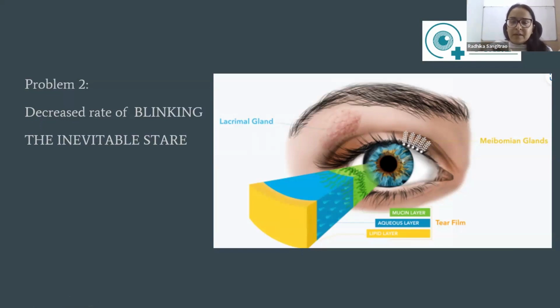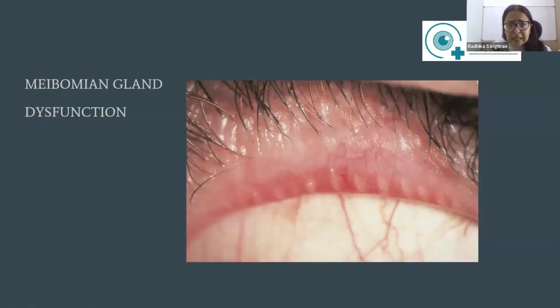So the working of the tear film is lost, and that is why you get even more eye strain. Burning, redness, dryness, all these things get exacerbated. Now, this is a picture of the meibomian glands. You see these small whitish dots at the lid margin. These are the glands that secrete the oily layer of the tear film.